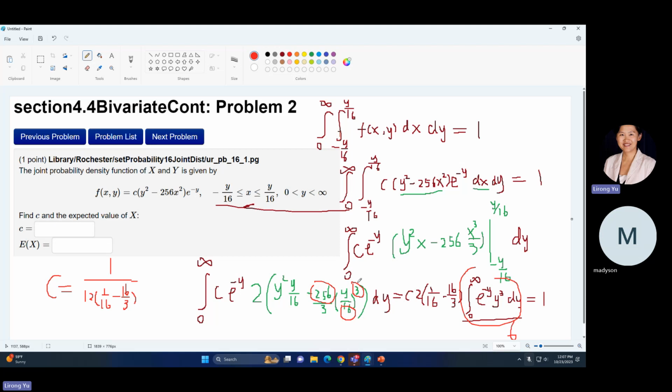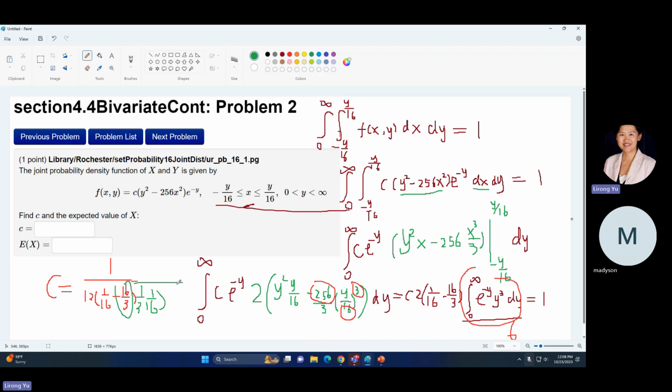This is 16 squared. So there's a 16 here. So it's 1/16 minus 1/3 of 1/16. So I was wrong in this term. That was a mistake. This is supposed to be 1/3 of 1/16. That's what it's supposed to be.